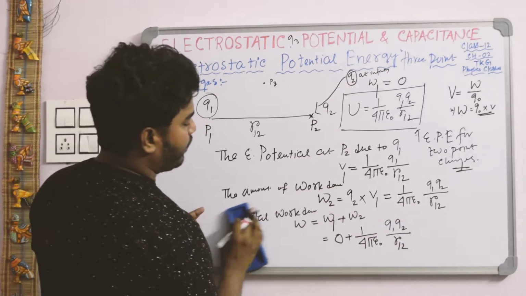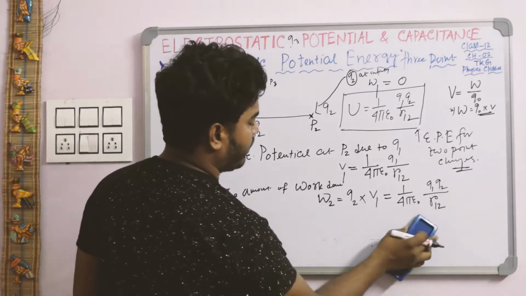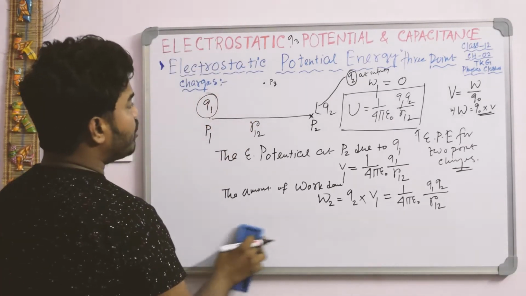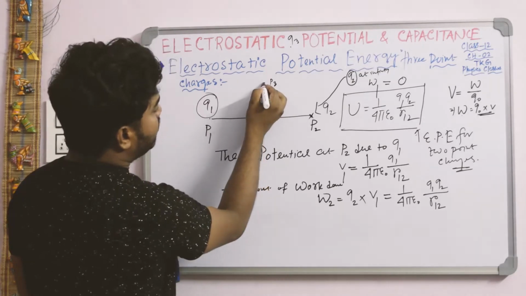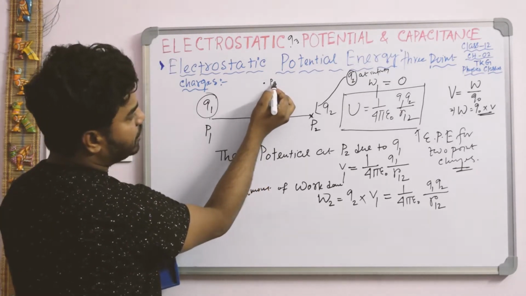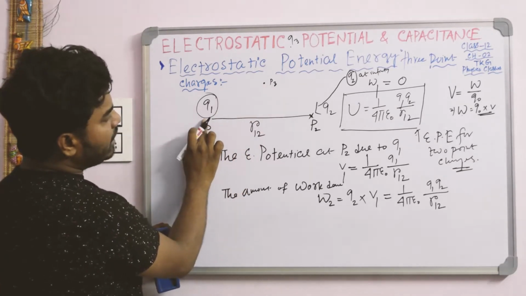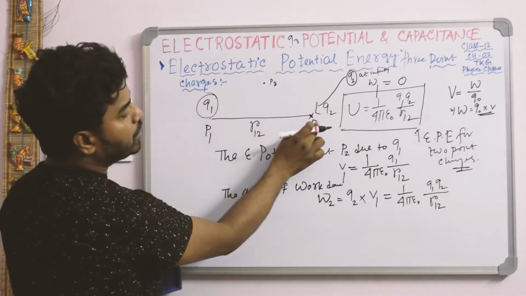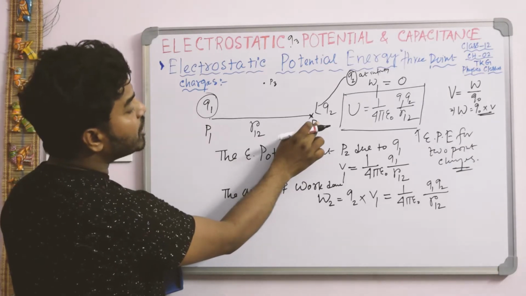Now, at first you calculate the electric potential at point P3 due to Q1 and Q2. So what will be the expression?